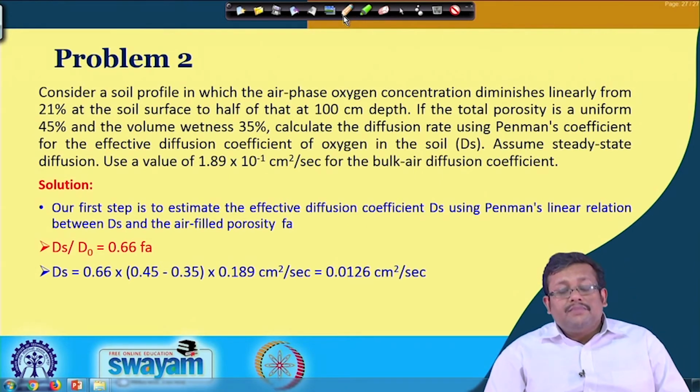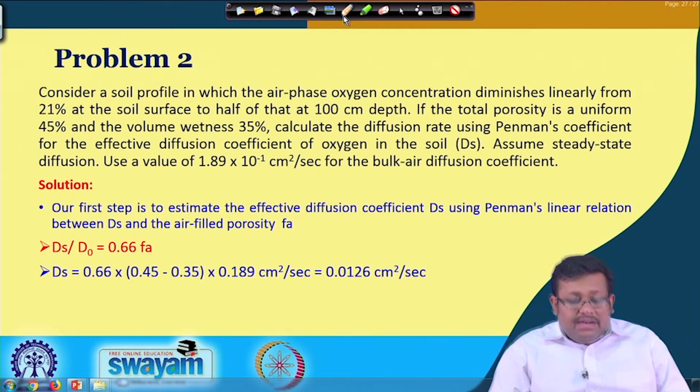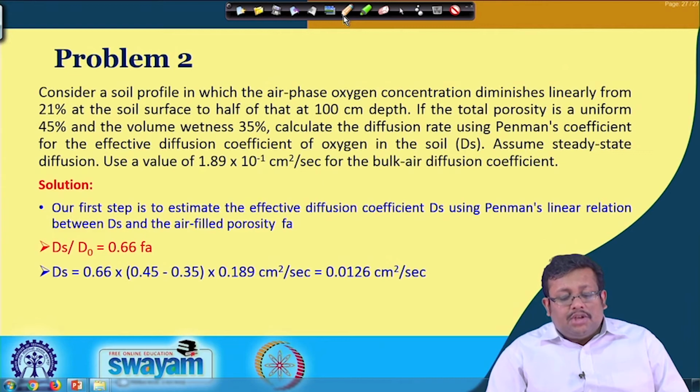Again, you have to consider that there is a soil profile and a steady state flow, and linearly this oxygen concentration depletes from 21% at the soil surface to half of that at 100 centimeter depth. They have given the total porosity of 45% and the volume wetness of 35%. So we have to calculate the diffusion rate using Penman's coefficient.